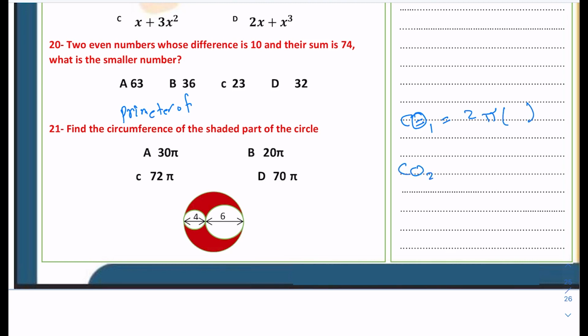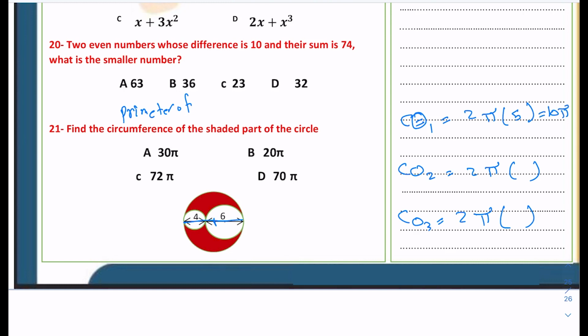Circumference of circle 2 equals also 2 pi r. Circumference of circle 3, which is 2 pi r. Okay, now the greatest circle from here to here it's 10. So half of 10 will be 5. So this one will be 10 pi.